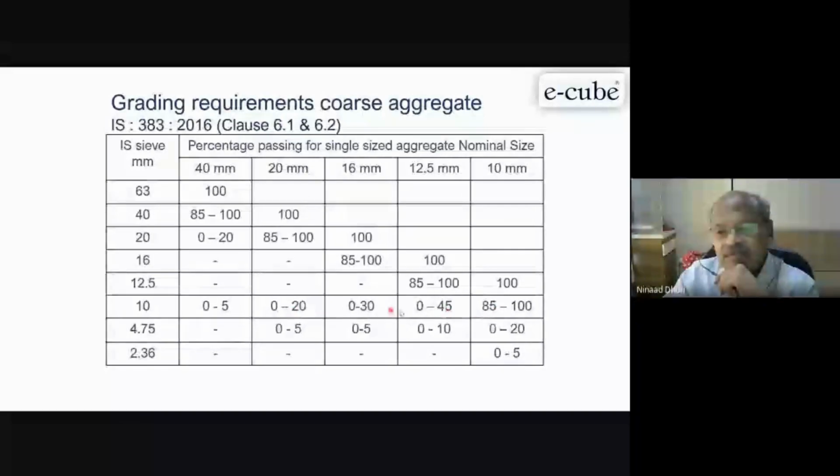Then here some aggregate is there, say 20% or 0%. Then 85 to 100 is coming from the 10 mm size. Then 4.75 and 2.36 is 5. Now you also need to understand how much percent is there, and accordingly your fine aggregate must be selected properly.